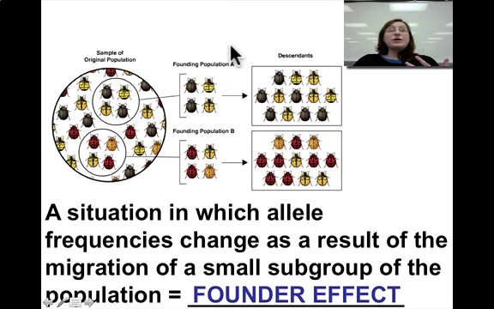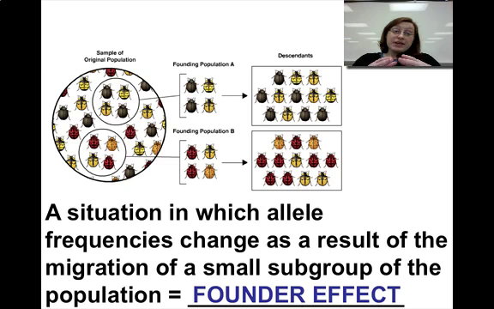That would be just like humans colonizing a new land. I'm sure that when our colonists came over from England and from Spain, they were a small, select few population. They were not an equal representative of everybody from England and Spain and France and things like that.